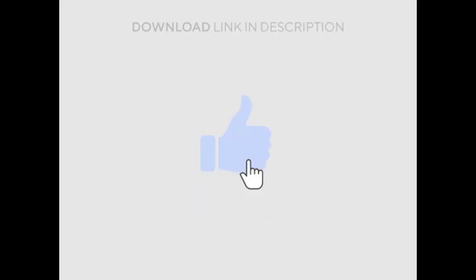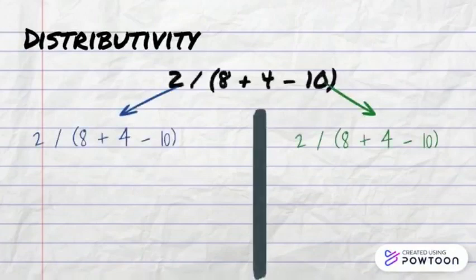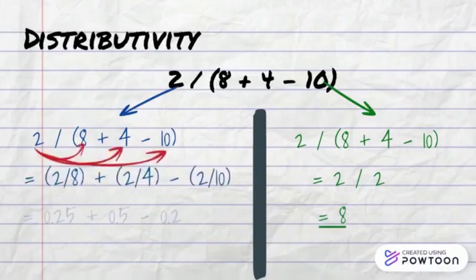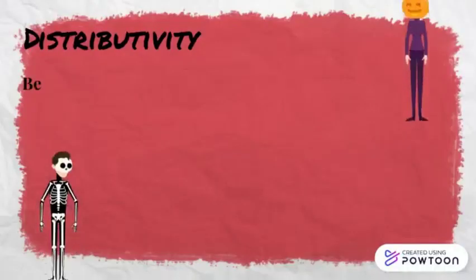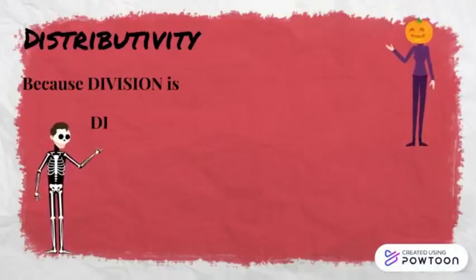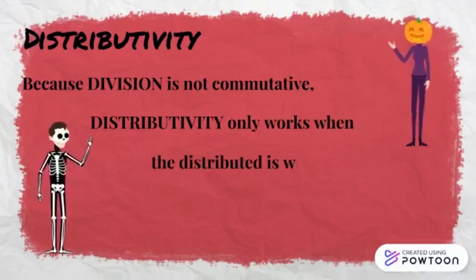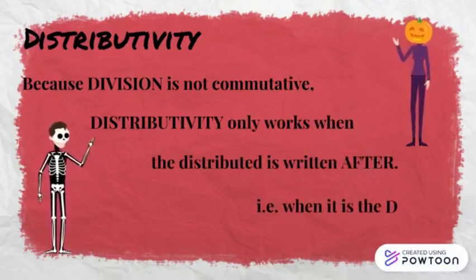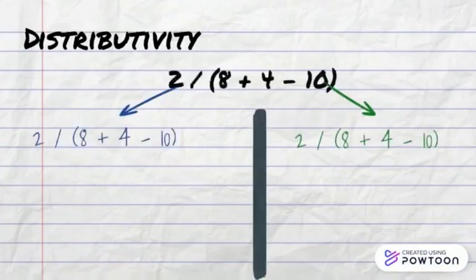Now here's an interesting example with division. We have here 2 divided by, in brackets, 8 plus 4 minus 10, close bracket. If you attempt to distribute the 2 into the 8 plus 4 minus 10, by 8 dividing into 2, 4 dividing into 2, and 10 dividing into 2, you are going to get quite a complicated answer.